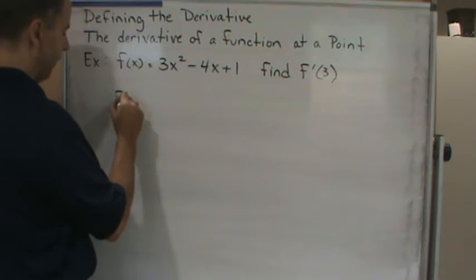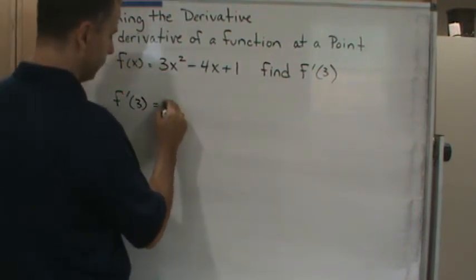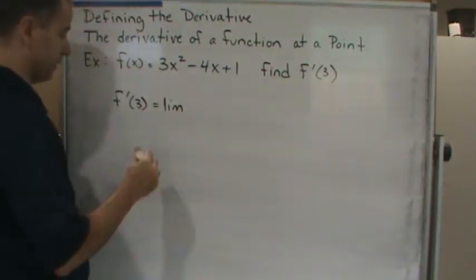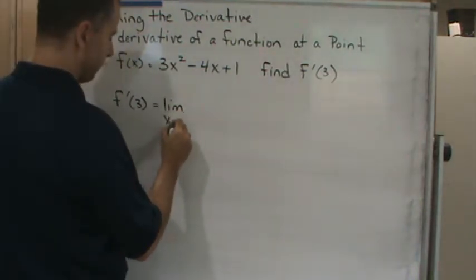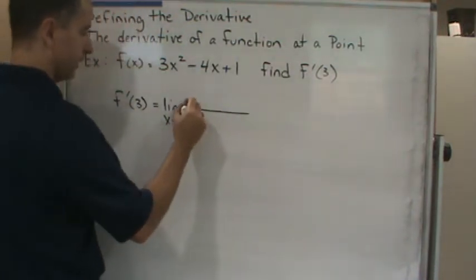So now f prime of 3 is equal to the limit as, now I'm going to do it both ways. So I'm going to say as x approaches what? A, which is 3, of what?